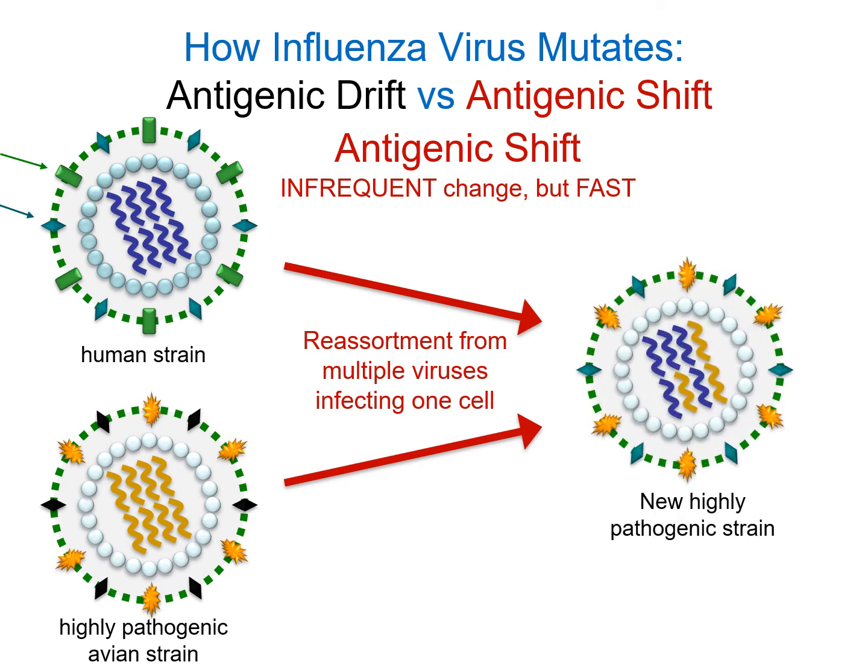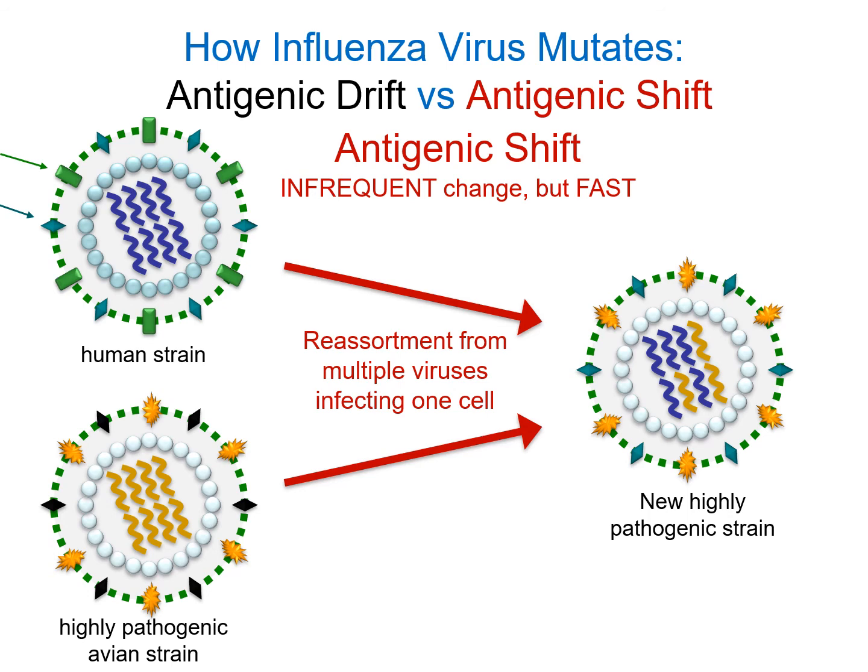So now we've got a case here where you can see we've got a new form of the virus that has obtained some of the H proteins that made the avian strain very pathogenic. So you can see we've incorporated genetic material from two different viruses, and we've made a brand new virus.